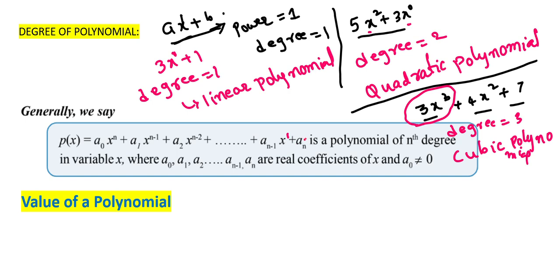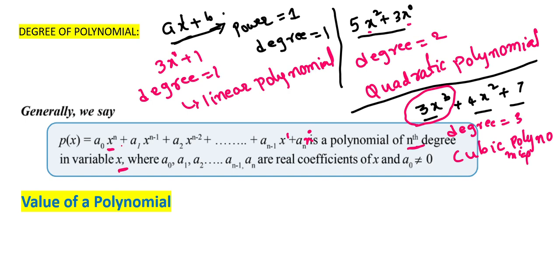Here the last term is x power 0. It is a polynomial of nth degree. The first term has the highest degree, so we call it an nth degree polynomial in variable x.